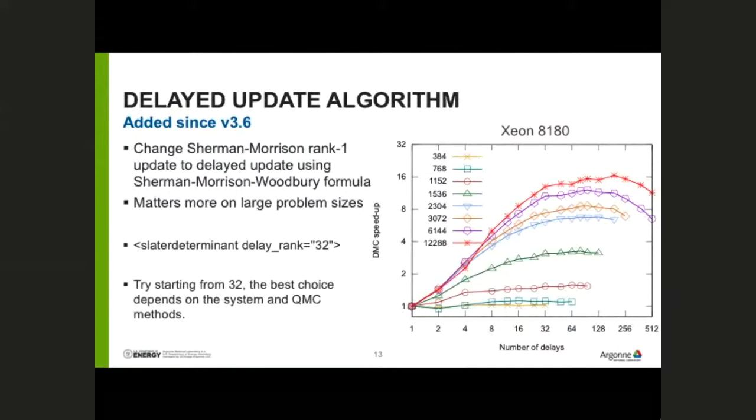This significantly helped the performance of QMCPACK, mostly for the large problems. So here you do a scan. The first one is the default, the current one, where there's no delayed update implementation. Then you start to increase the number of delays. Say I don't accept the move right away, I wait like 16 or 32 acceptances, then I do an accept. So this is the performance gain of the whole DMC calculation.